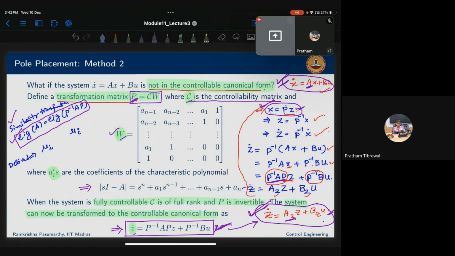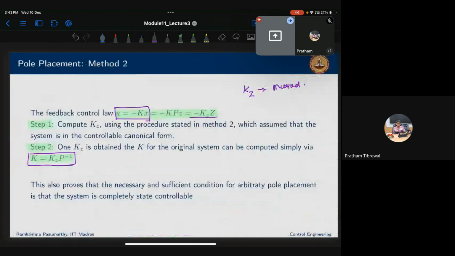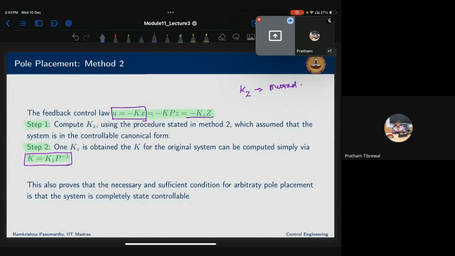Once we have this equation, directly like method 1, we design the pole placement controller, that is minus Kz z. Then we can find the K matrix, which is the controller for the basic state space model.